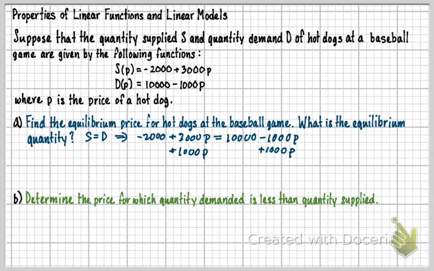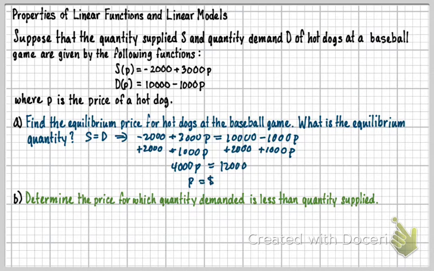And then I'm going to add 2,000 to both sides, since I'm putting my P's on the left side, I've got to get rid of this number term on that side. So I'm going to end up with 4,000 P equals 12,000. Then when I divide by 4,000, my P is going to equal 3.